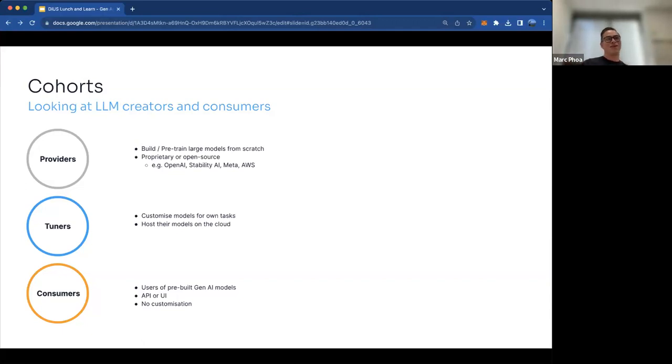Now, this includes the likes of OpenAI, Stability AI, Meta or Facebook, cloud vendors like Amazon. So they're training Gen AI models from scratch and making them available for tuners and consumers like ourselves. These organizations would have access to enormous resources, from data, compute, people, etc., to build these models and essentially do a lot of the heavy lifting for us.